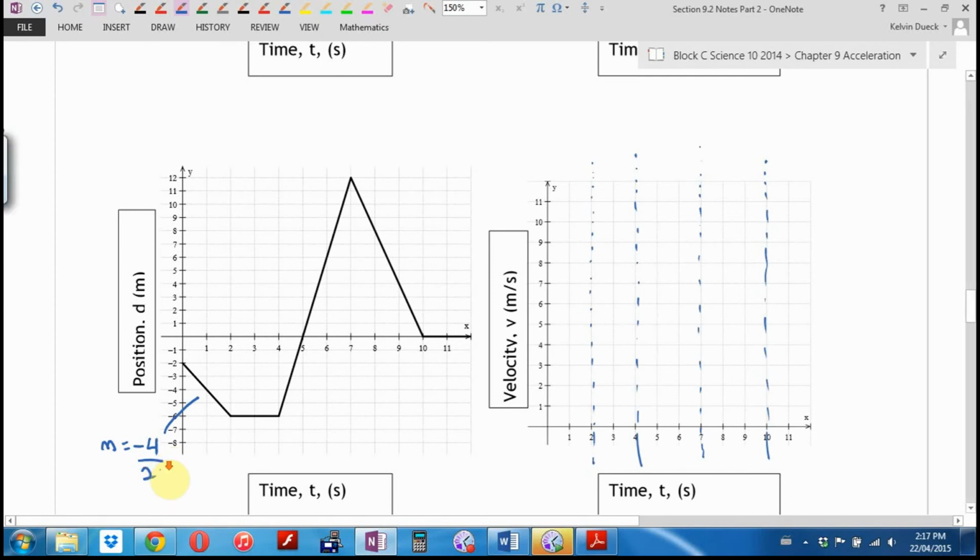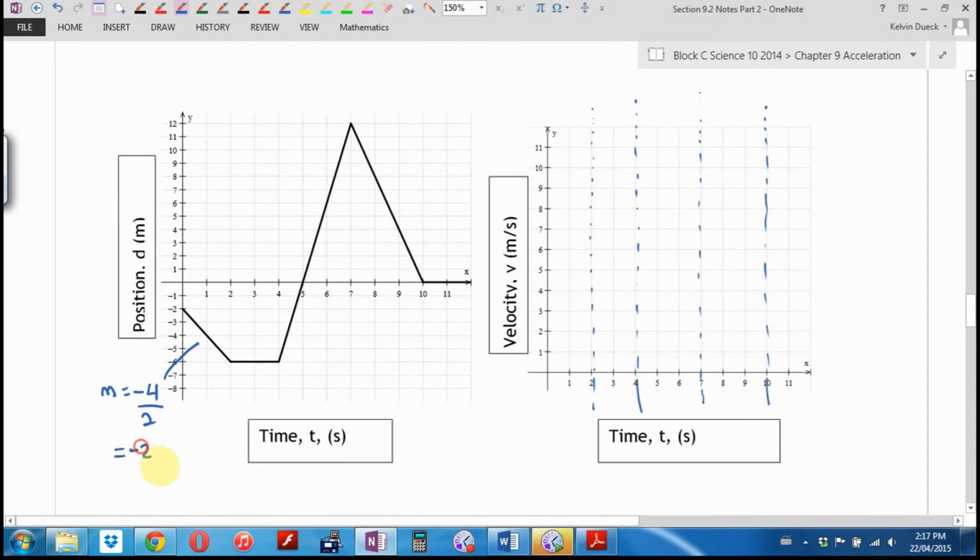You know what? This has a slope of, this has a velocity of, same question, same answer, same question phrased differently. You know what? I got to eyeball this. There's -1, there's -2. The first section of this would be like that.